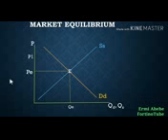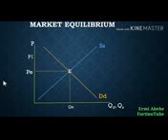Let's select it and see. At this price, let's find the quantity demanded at price one and the quantity supplied at price one, the two values, and after that we will decide whether there is a shortage or surplus in the market.